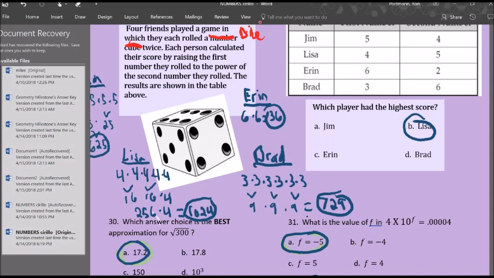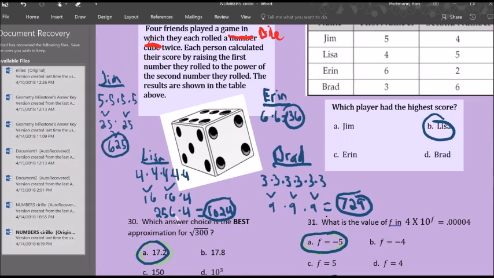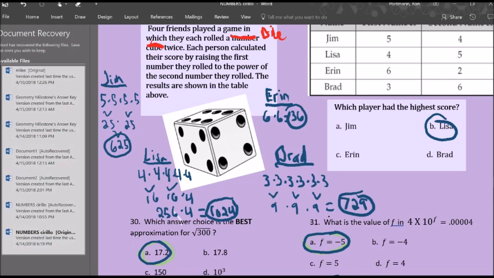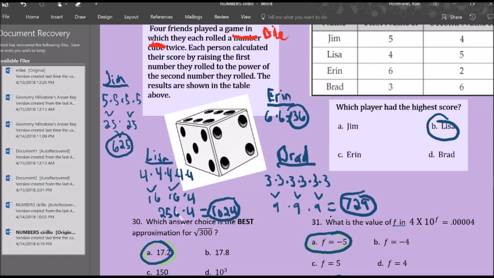The results are shown in this table. So I've outlined how much each player would get. Alright. Jim, 5 to the 4th, that's 5 four times, would be 625. Lisa is obviously going to be the most because it has 4 to the 5th. You just have to figure it out for each one.